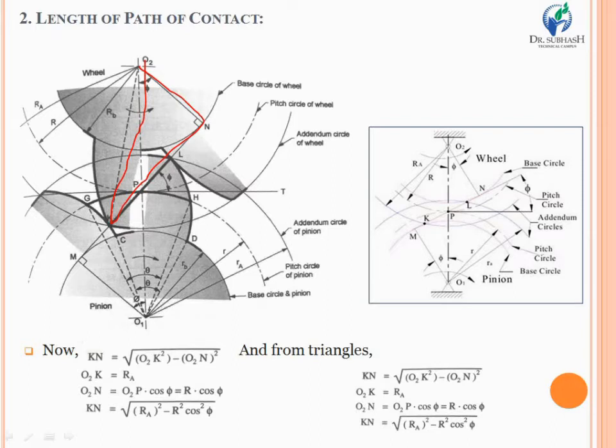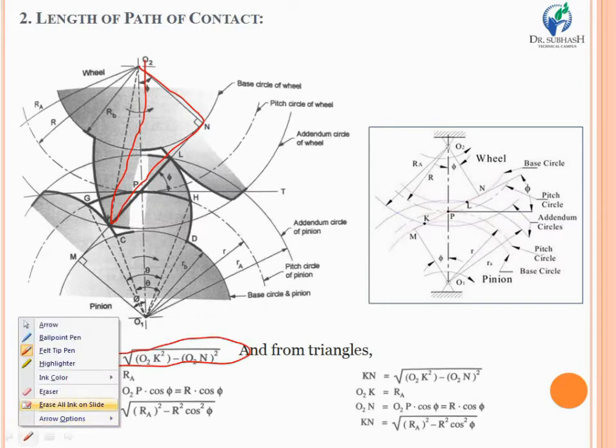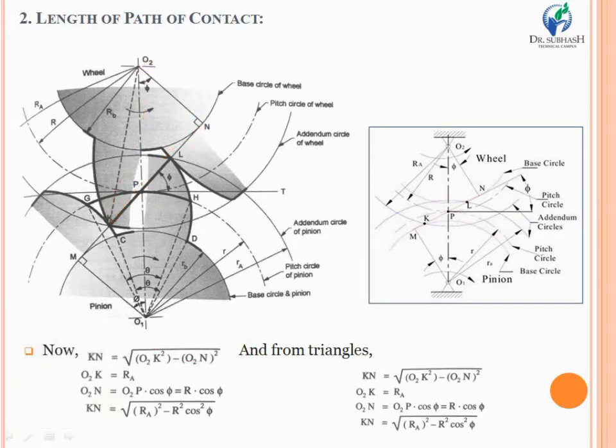We know that O2K is equal to the radius of the circle, and O2N is equal to O2P cos phi, so it becomes r cos phi. By putting the relevant values in this equation, you get KN equal to under root r square minus r square cos square phi.